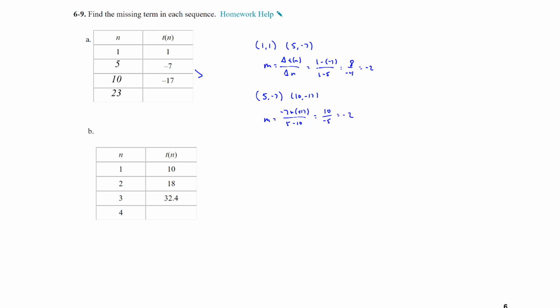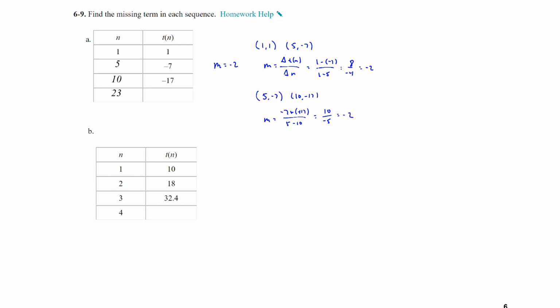So the rate of change is -2. Our slope is negative 2. And we check that by finding the slope of the three sets of ordered pairs between two of them. So since we know the rate of change is negative 2, I mean, we could write an equation. We could just add negative 2 over and over again all the way up to 23.